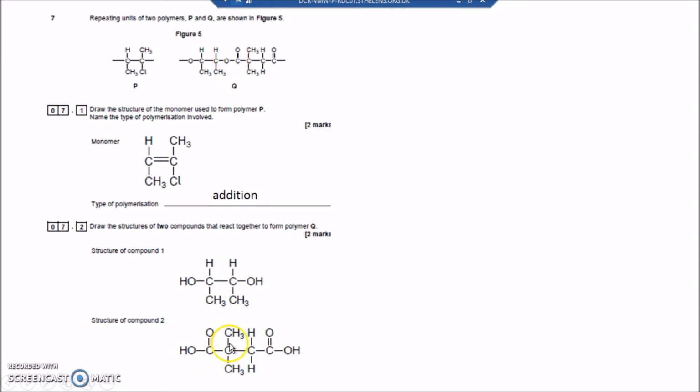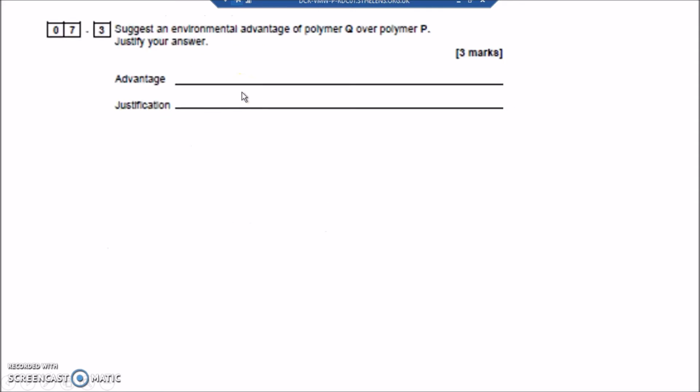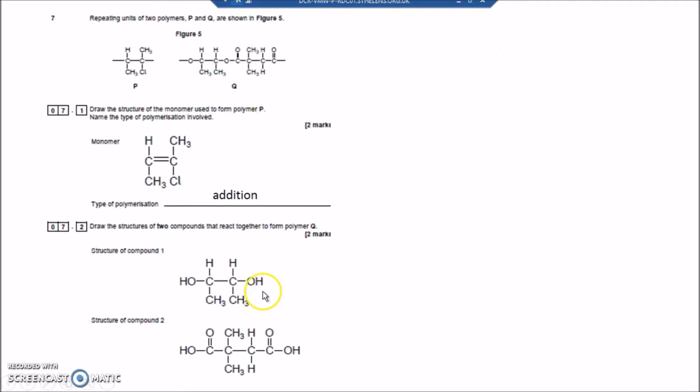And so the alkali, the OH minus, would break that. You could use acid as well. The advantage is that the bond's going to break if you react it with a little bit of water and dilute alkali, it's biodegradable. The justification is that this carbon to oxygen bond here is polar.